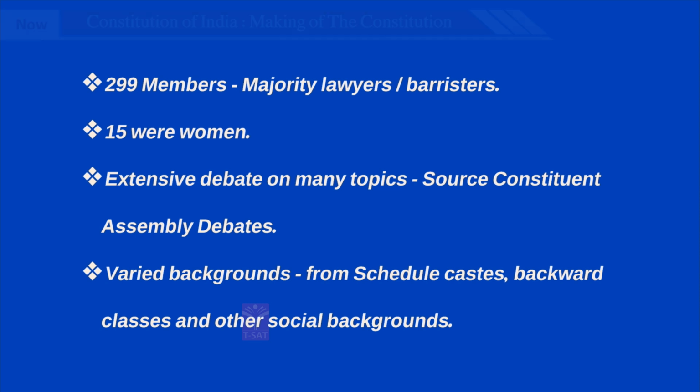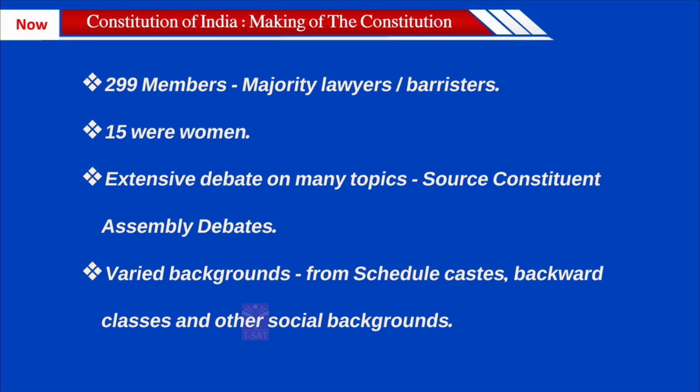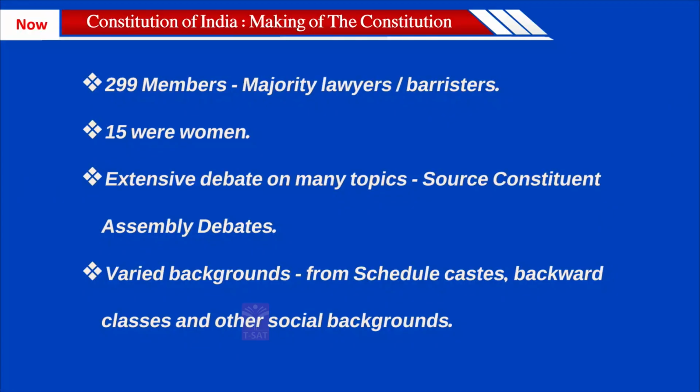Number one, at that point of time, the general literacy level was very low, and women being educated at that time was a Herculean task. It was not that easy, and in some cases it was viewed as against societal norms. So in that era, we had only 15 women from various diverse backgrounds.